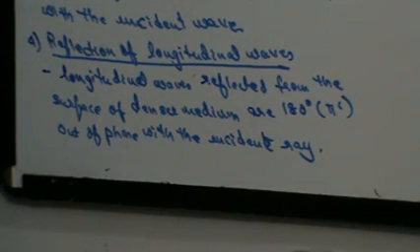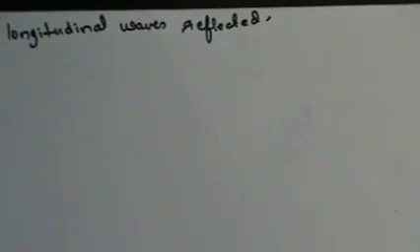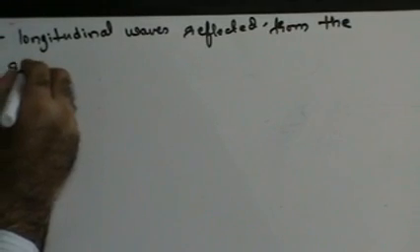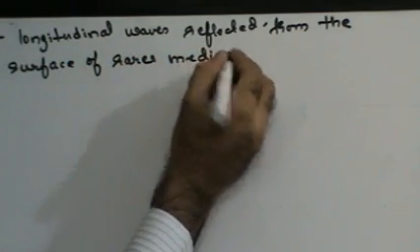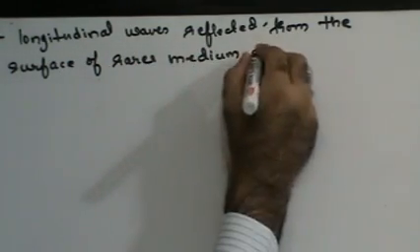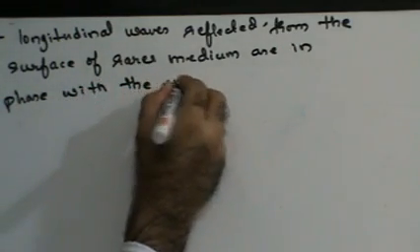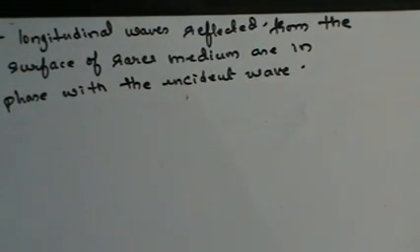Similarly, I can say that longitudinal waves reflected from the surface of a rarer medium are in phase with the incident ray. Trying to get this thing here.